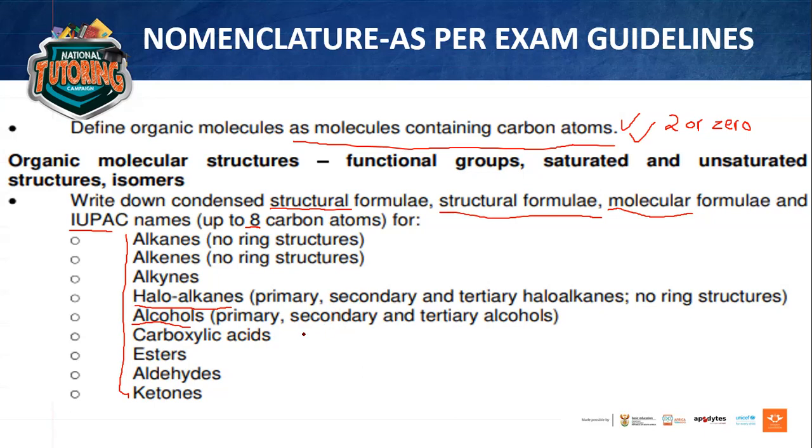We must be able to do that and to give reasons why we say this haloalkane is primary or secondary or tertiary. So that is very critical, and the same applies to alcohols. But also, we might be required to draw the structure of a given alcohol when we are given clues that it must be primary, secondary, or tertiary.